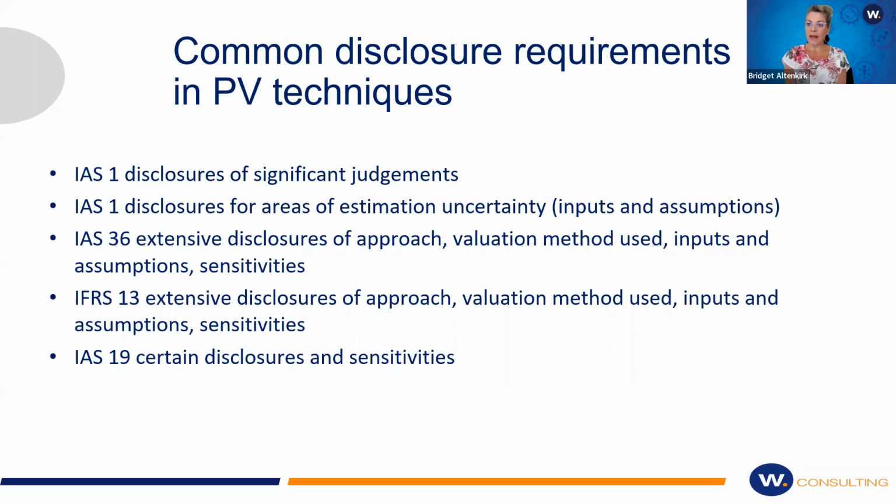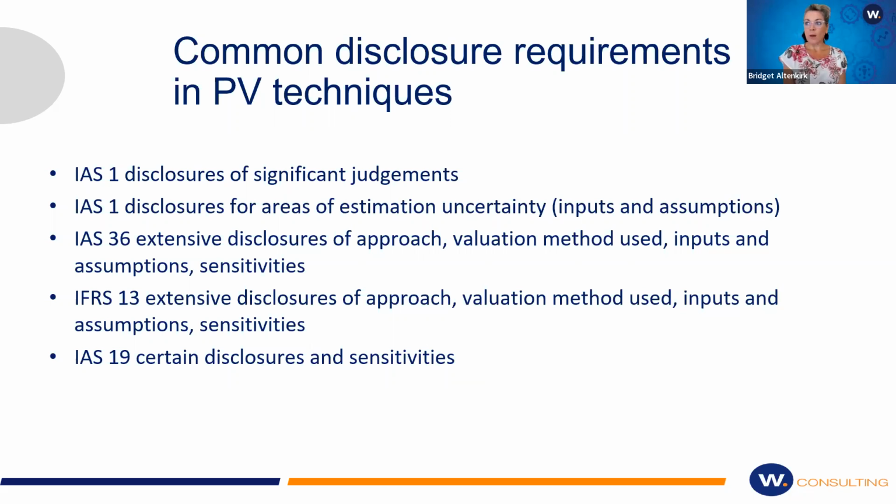So therefore, whenever management is applying judgment, which is deemed to be significant, or if they have made any significant estimates which may involve a significant uncertainty, then the inputs and the assumptions which have been used by management need to be disclosed in the financial statements. And that is so that a user can have transparency to understand how management got to the outcome that they did. Why did they make the decision that they did? What did they take into account when concluding what the value of that asset or liability is, for example?